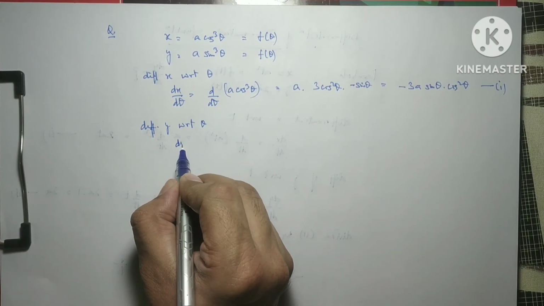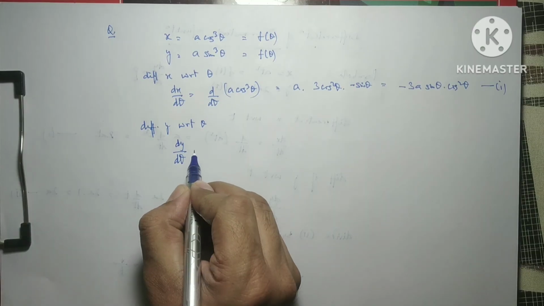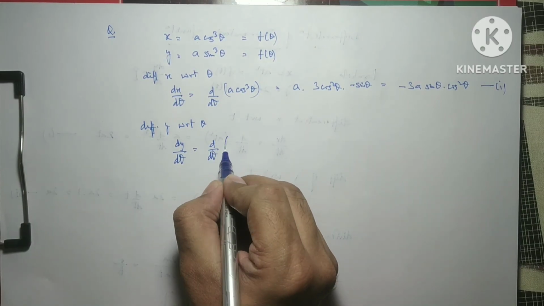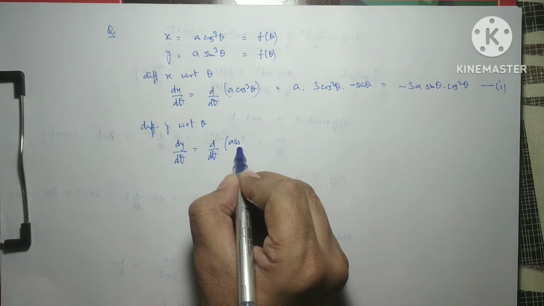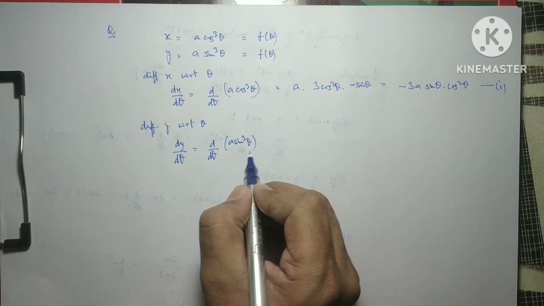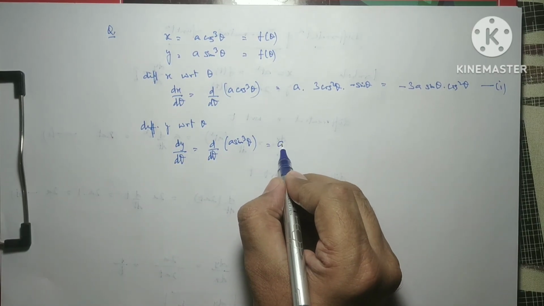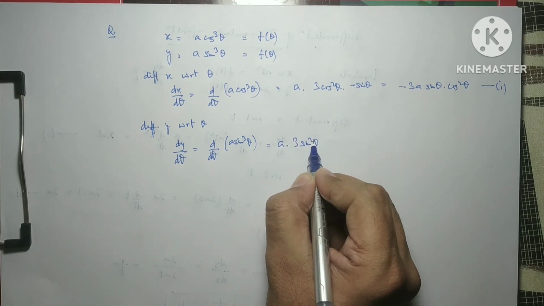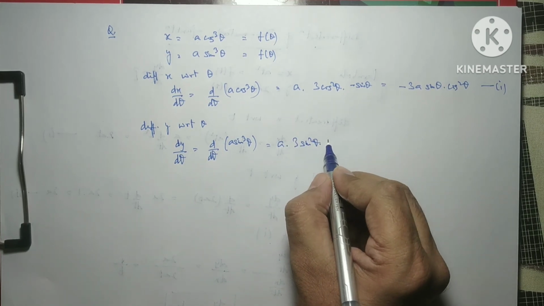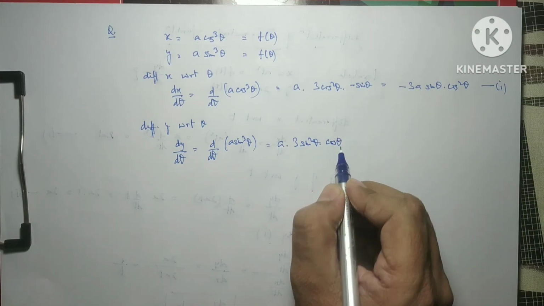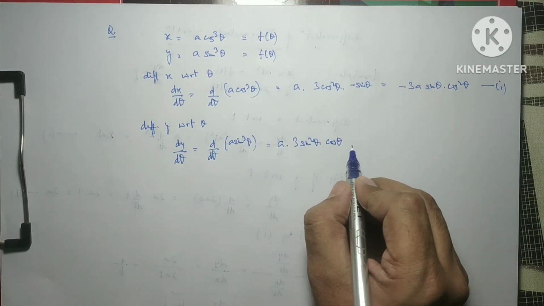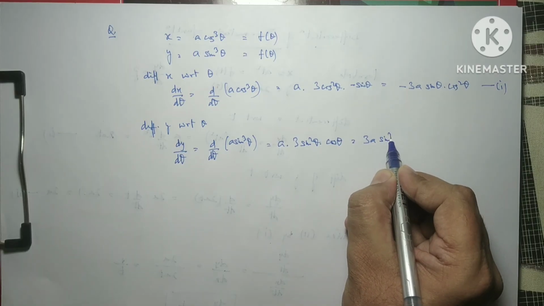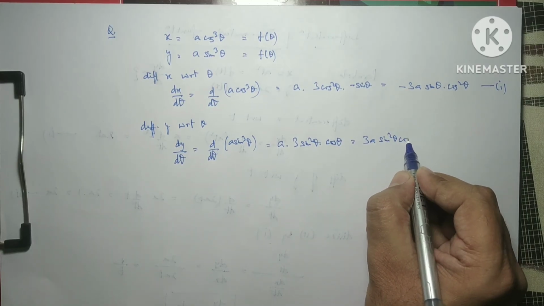In a similar manner, differentiate y with respect to theta. So dy over d theta is d over d theta of a sin cube theta. So you get a into 3 sin square theta, and sin theta after differentiation gives cos theta. So we have 3a sin square theta cos theta.